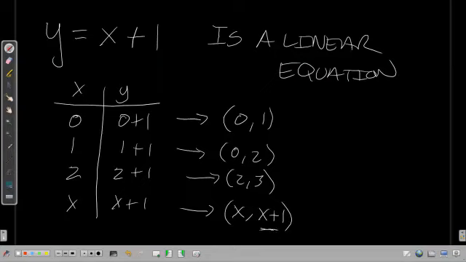Because the y-coordinate is defined to be x plus 1. We could make a drawing of this line, make a graph.